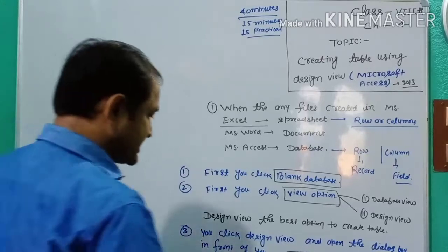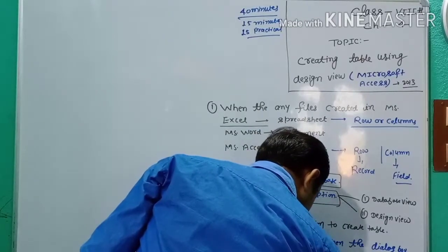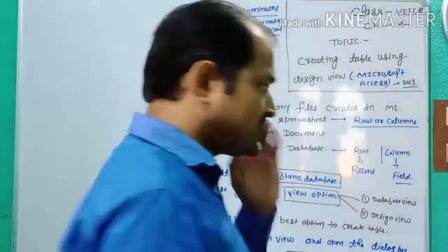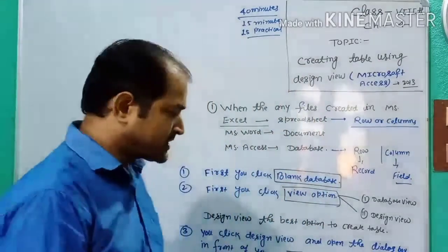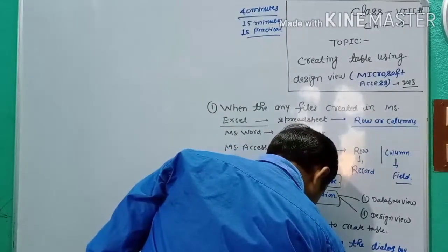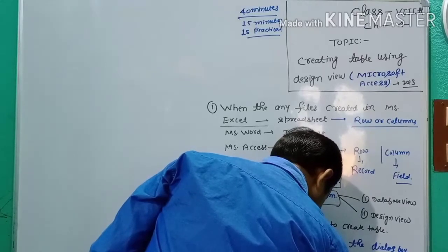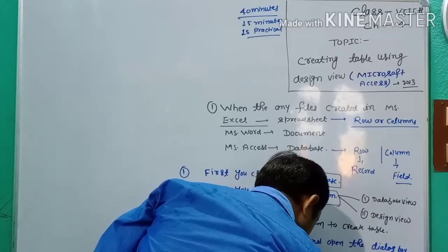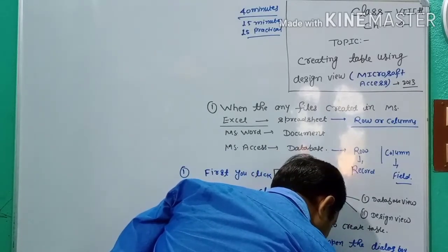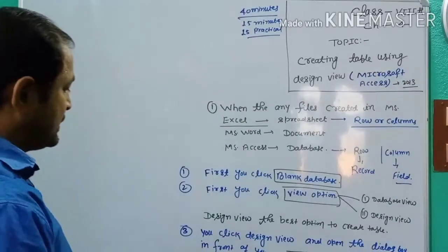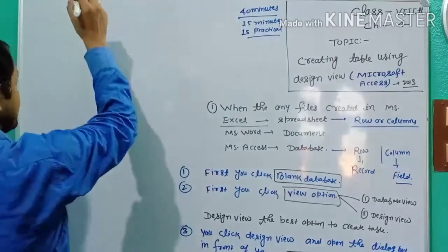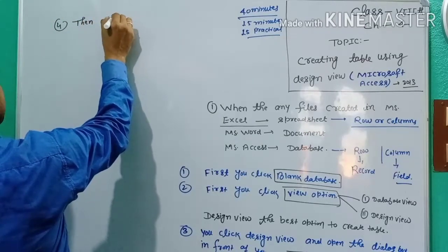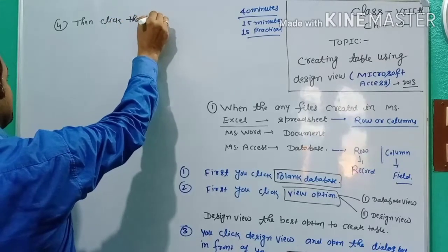Suppose you are doing your own office work, so I put the table name as Office MIS. Then two options are available: OK and Cancel. Then click the OK button. Fourth option: click the OK button.